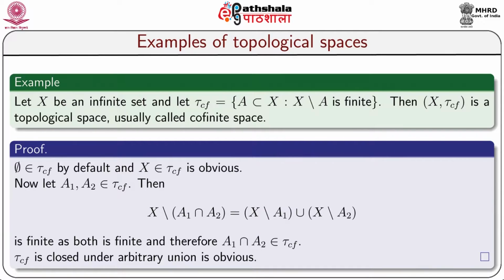Now as A1, A2 both belong to tau_cf, X minus A1 is finite, X minus A2 is finite. So the right hand side is finite. That means X minus (A1 intersection A2) is finite, so A1 intersection A2 belongs to tau_cf. So tau_cf is closed under finite intersection, and it is obvious that tau_cf is closed under arbitrary union.